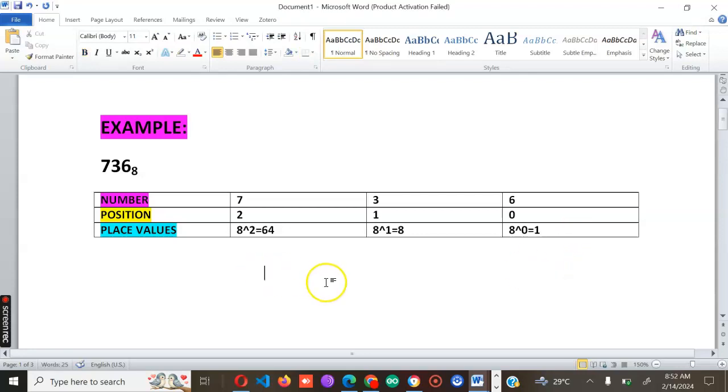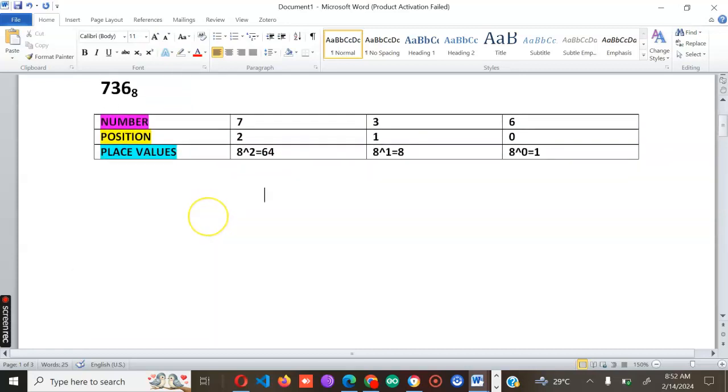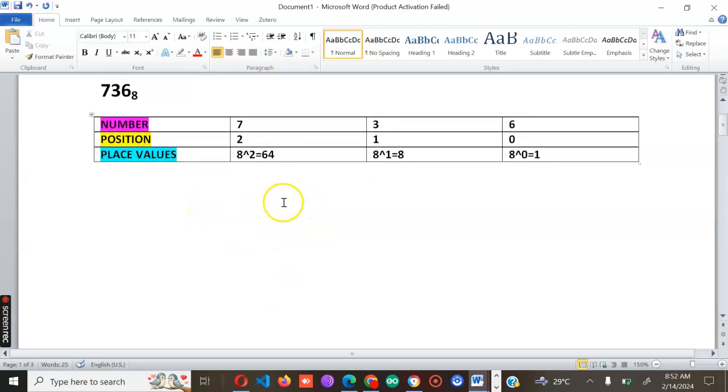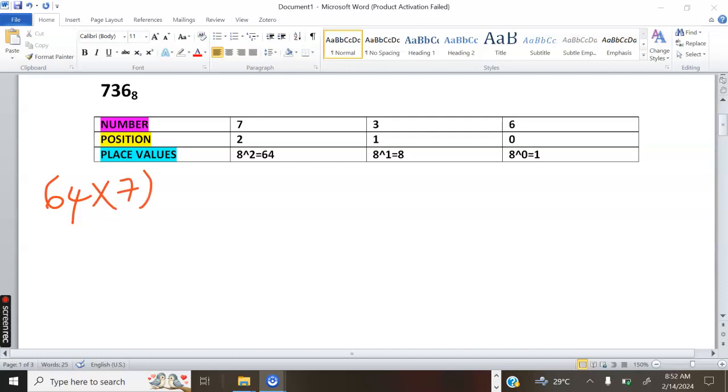Having done that, move to the next part, which is to multiply the place value with the numbers. So for this one, we have 64 multiplied by 7, add 8 multiplied by 3, add 1 multiplied by 6.